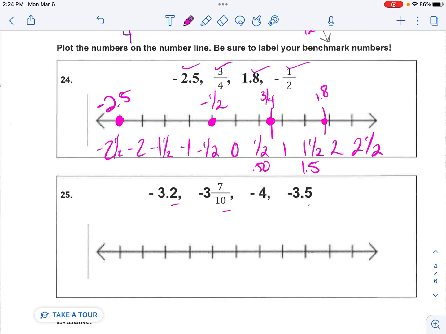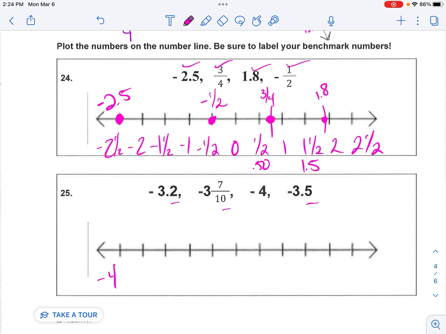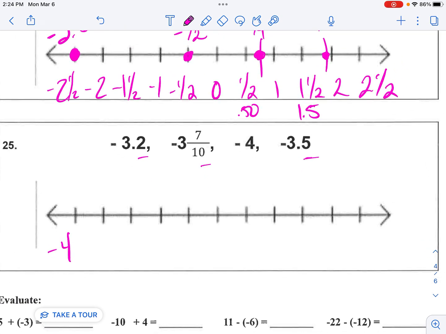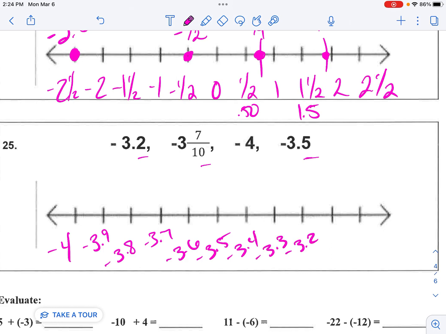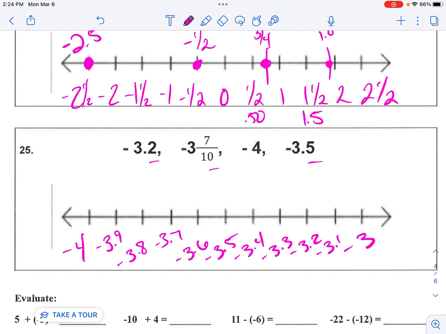Since these are all in tenths besides negative 4, I'm going to start counting down and do negative 3 and 9/10, negative 3 and 8/10, negative 3 and 7/10, 6/10, 5/10, 4/10, 3/10, 2/10, 1/10, and negative 3.